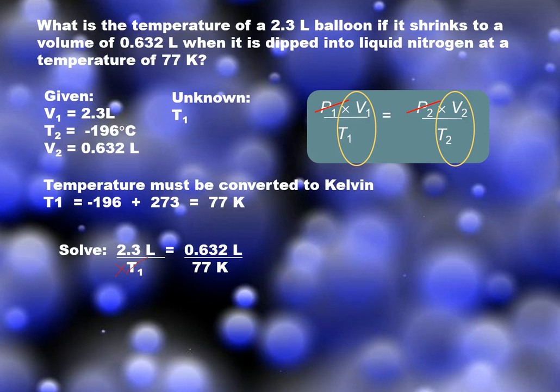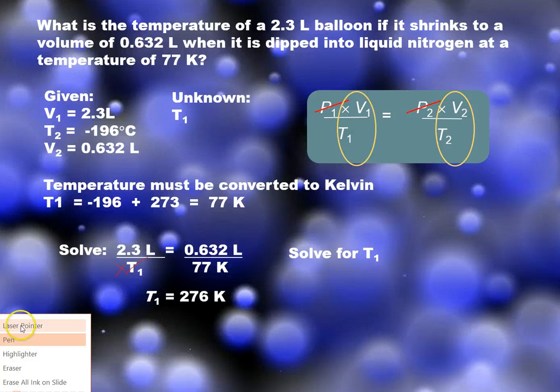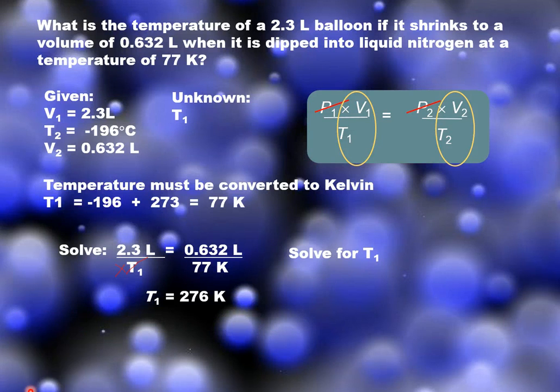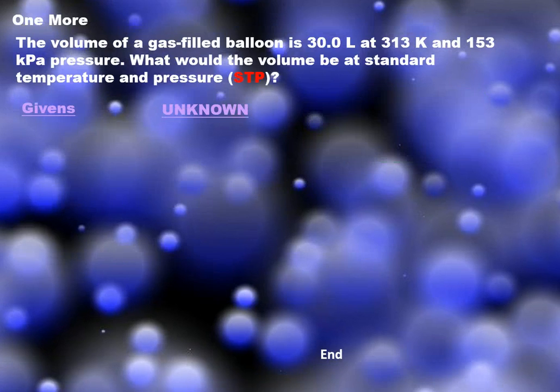You would just cross multiply, and then you would solve for T1 or X, and T1 would be equal to 276 Kelvin. Okay, so I think I have one more. And again, does this make sense? So take a look at that.